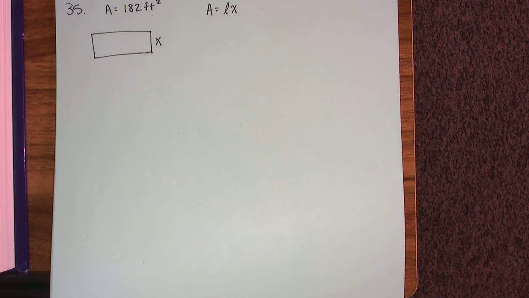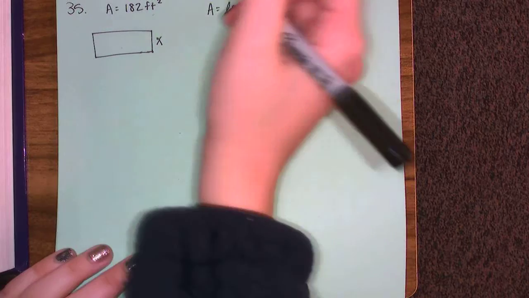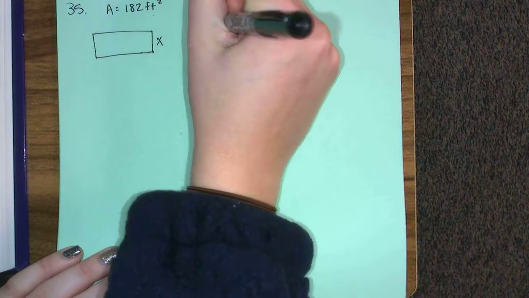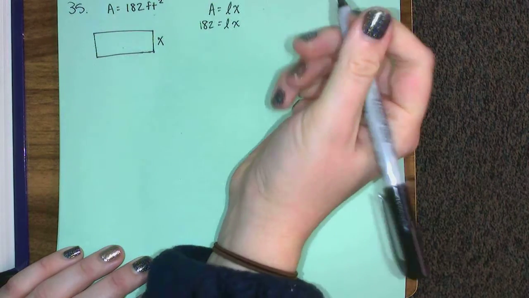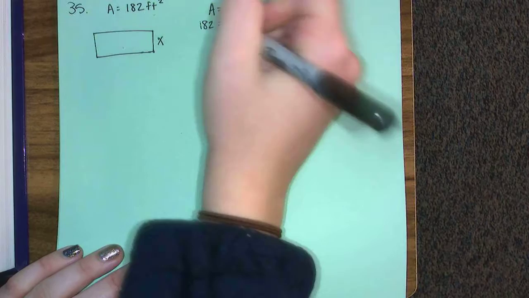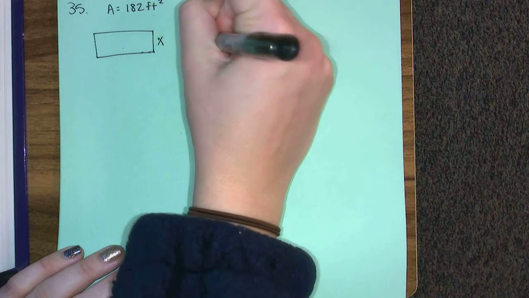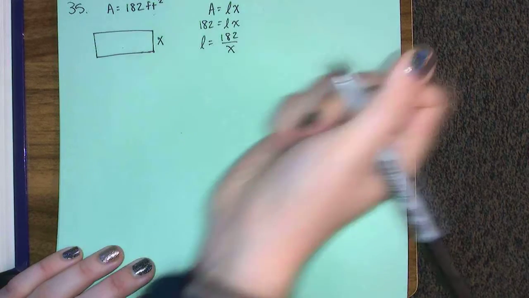I need everything in terms of x and numbers. We know that the area is 182, and we are given x, so the other side is 182 over x.